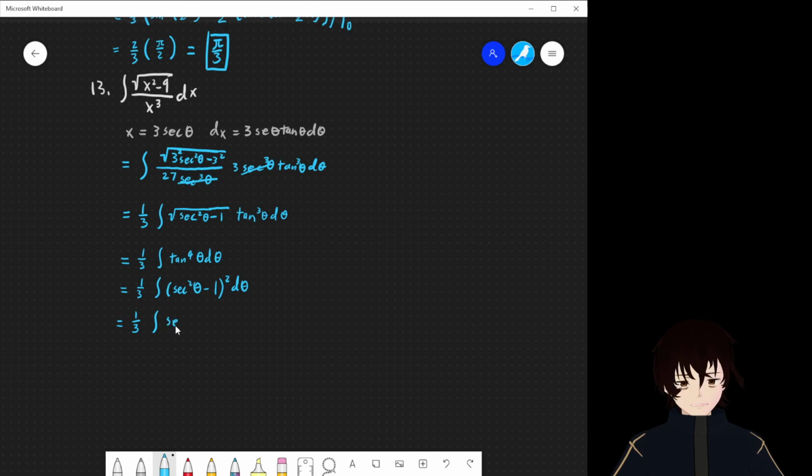secant to the power of 4 theta minus 2 secant squared theta plus 1 d theta. How do I deal with secant to the power 4 again?